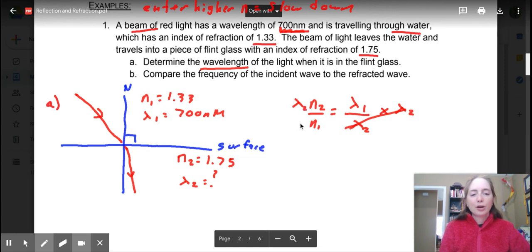And now, once lambda 2 is there, I am now going to multiply out my N1 over N2.